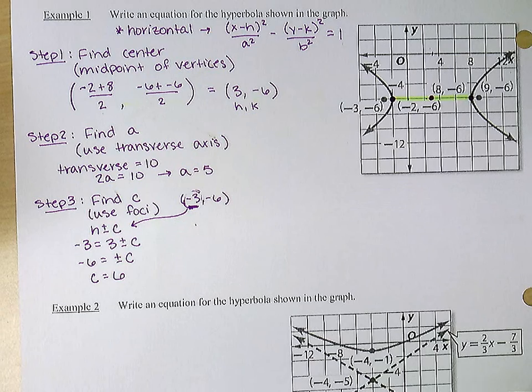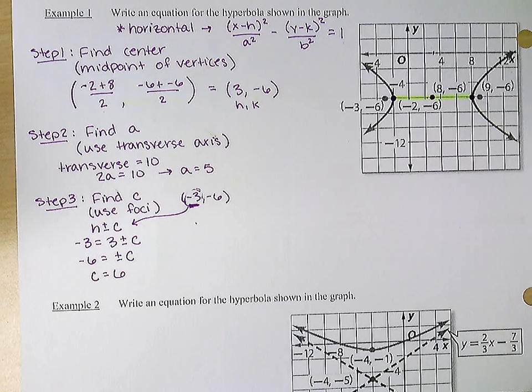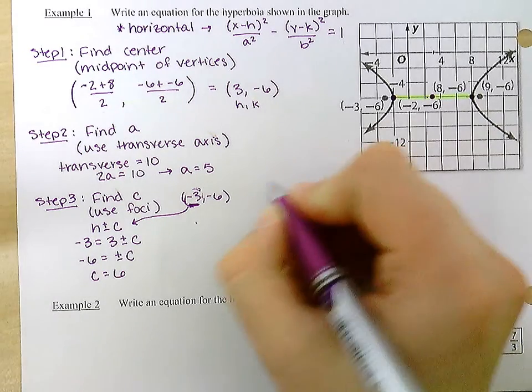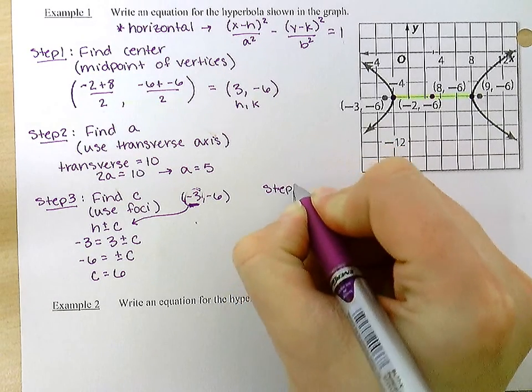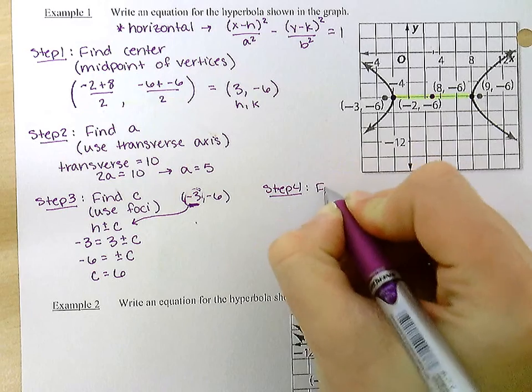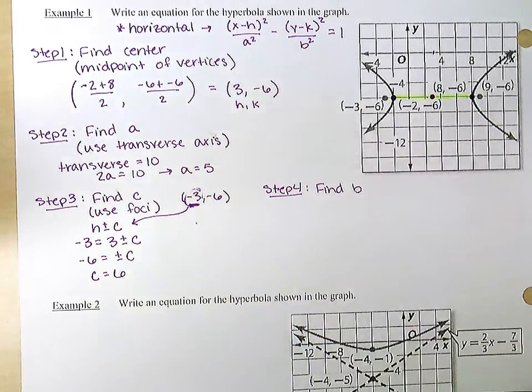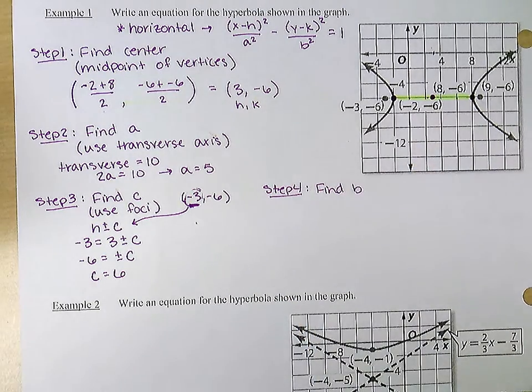Okay, so now that I have this c value, I'm able to find the b value, because of that equation on the front: c squared is equal to a squared plus b squared. I have a and c, so I can solve for b. So that'll be step 4, to find b.